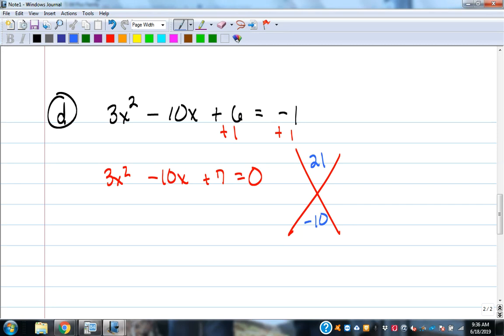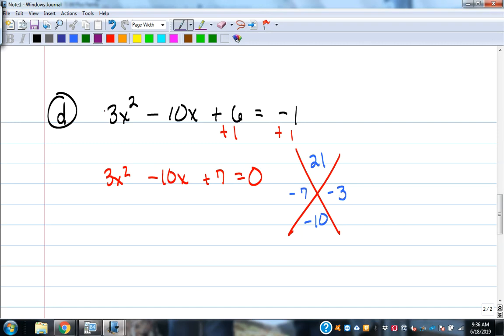So we need numbers that multiply to be positive 21 and add to be -10. Good job. Okay, so -7 times -3 is positive 21, and it does add to be -10.